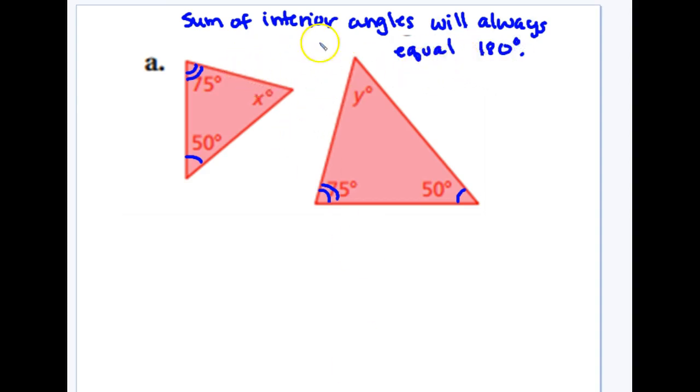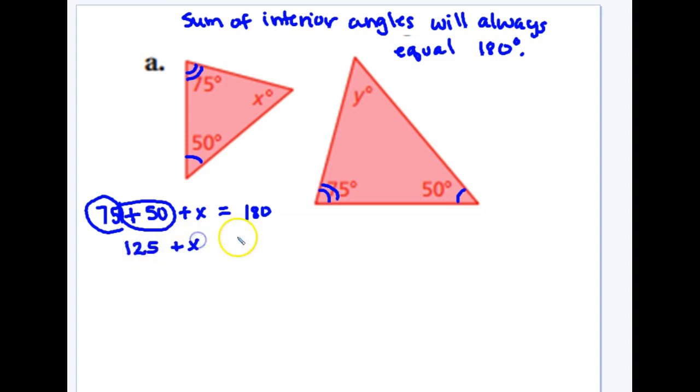So based on this rule, this little thing that we've proven and we've already worked on, I'm going to add my three angles together, and I'm going to equal 180 degrees. So the first thing I need to do is add 75 and 50 because they're like terms. When I add 75 and 50, I get 125.